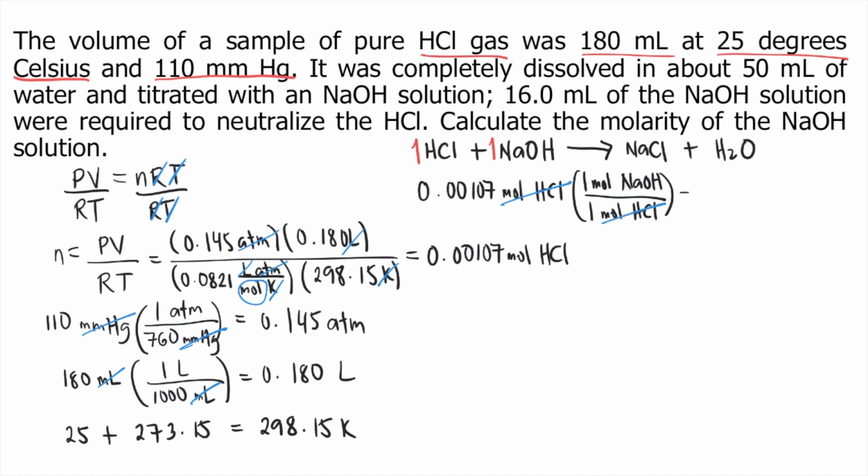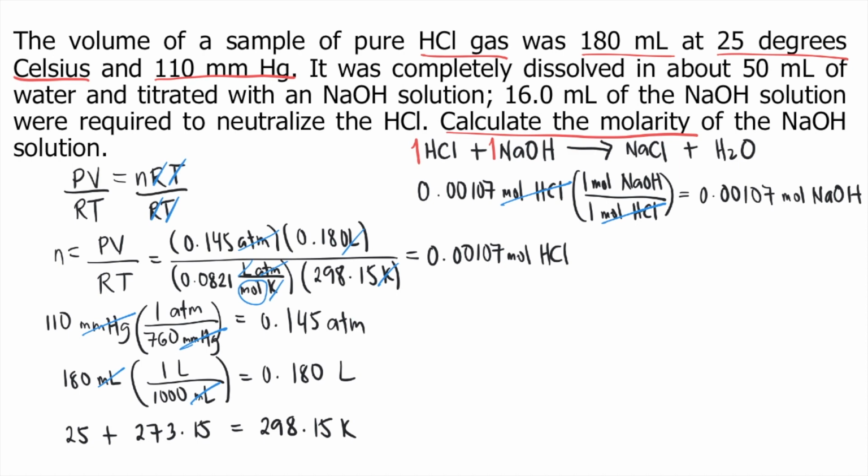That is equal to 0.00107 moles of NaOH. Since the ratio is 1:1, whatever your moles of HCl is, it's the same as your moles of NaOH.